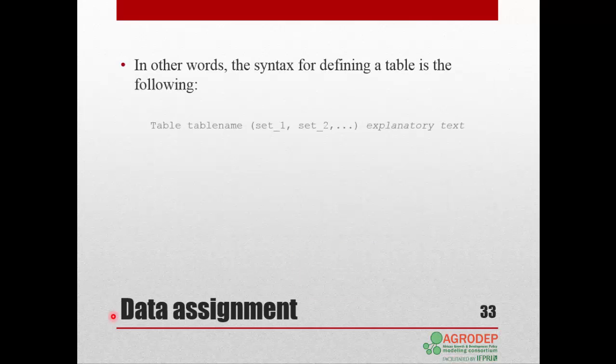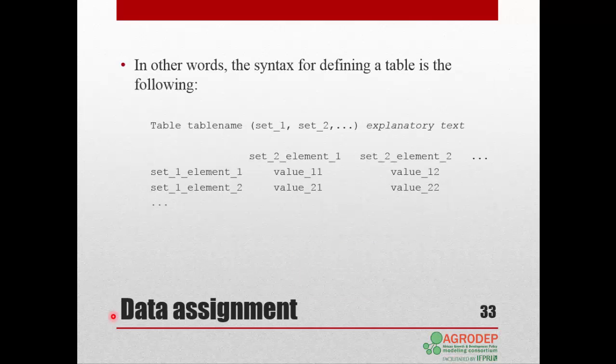In other words, the syntax for defining a table is the following. The table statement is followed by the table name, followed by the sets in parentheses, or stars if the rows and columns do not correspond to defined sets. It is then followed by the explanatory text.